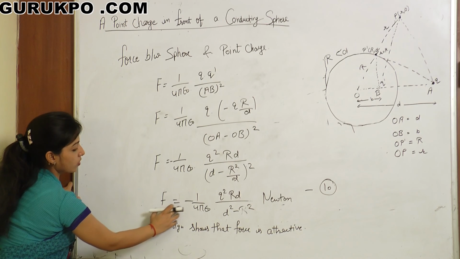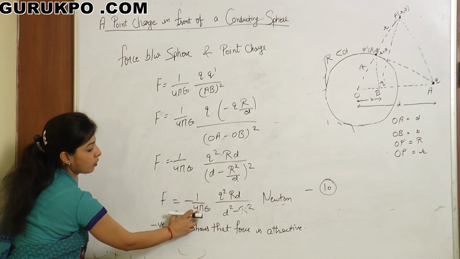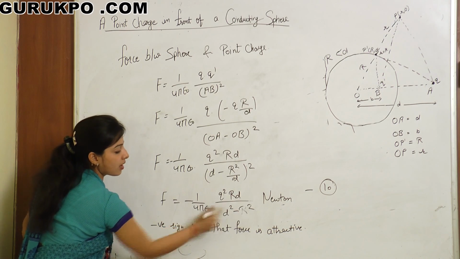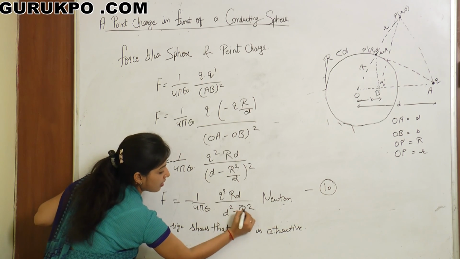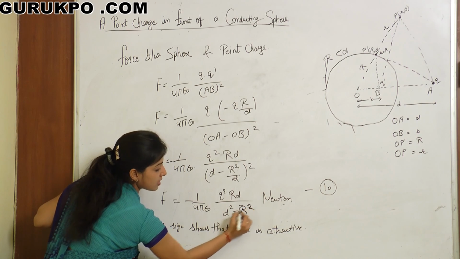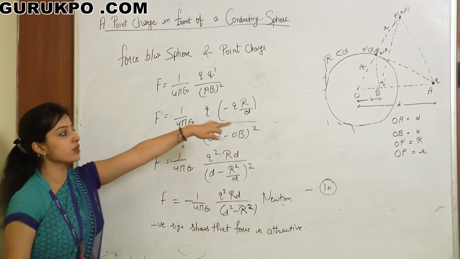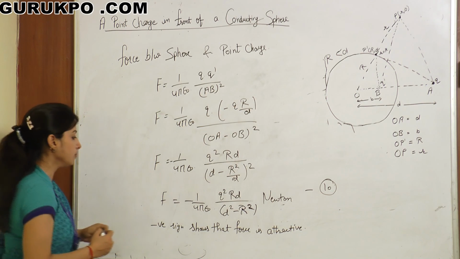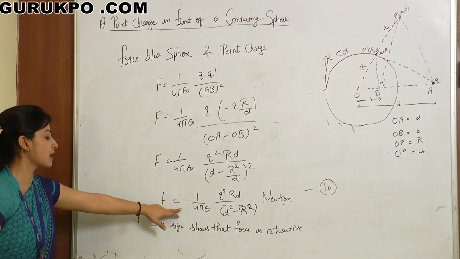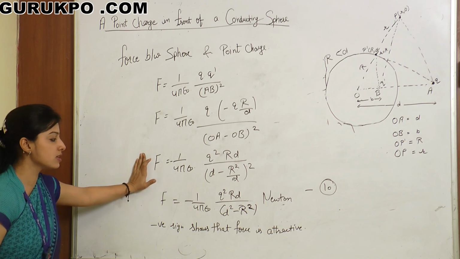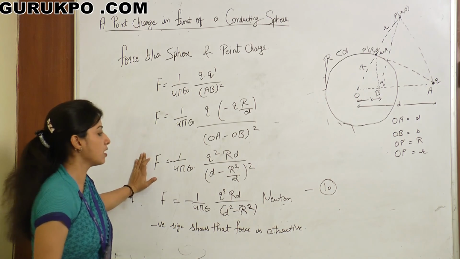After that F equals minus 1 upon 4 pi epsilon naught Q square into R d upon (d square minus R square) whole square Newton. This is the force between the sphere and the point charge Q. Here the negative sign shows that this force F is attractive in nature.